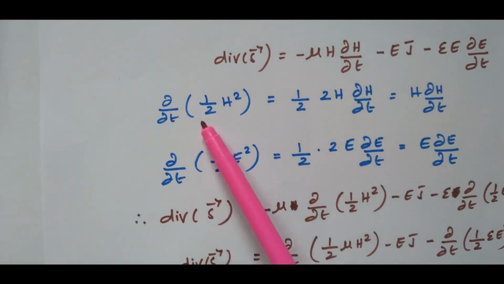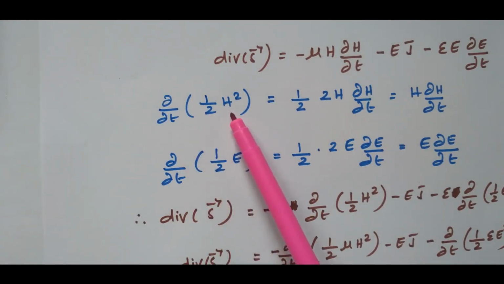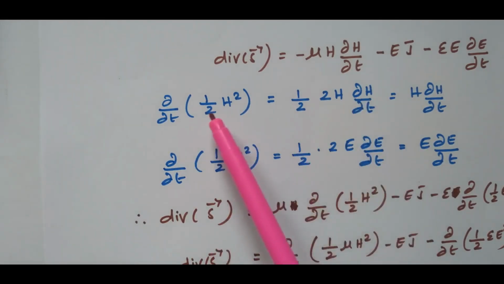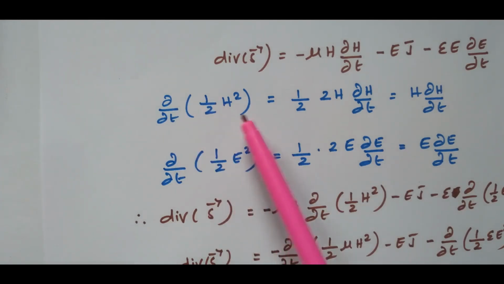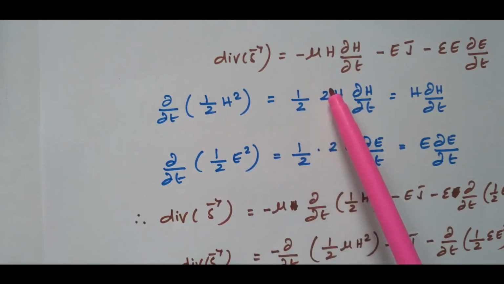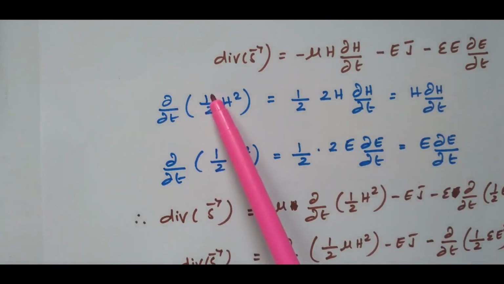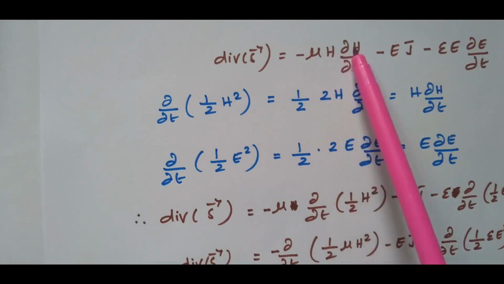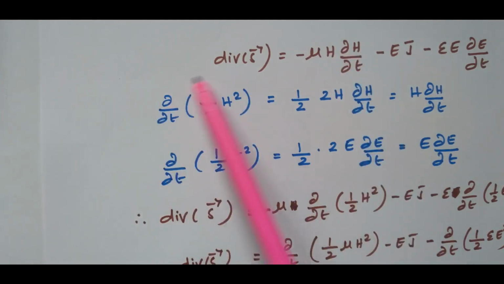How do we write it? We differentiate with respect to H. So 1 by 2 times the differentiation of H square, which is 2H dou H by dou T. The 2 cancels, giving H dou H by dou T. So dou by dou T of half H square equals H dou H by dou T. This term H dou H by dou T can be replaced by dou by dou T of half H square. We are going in reverse order.